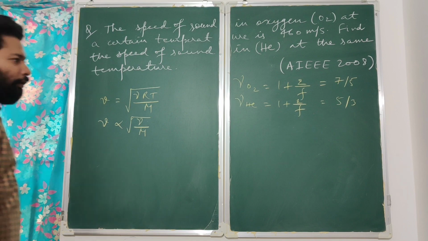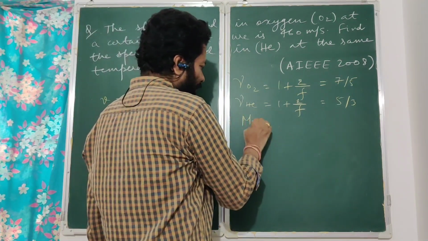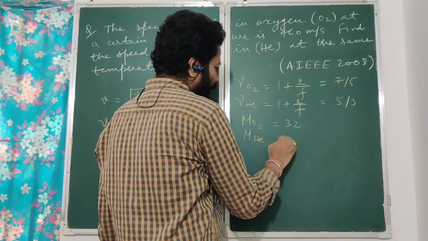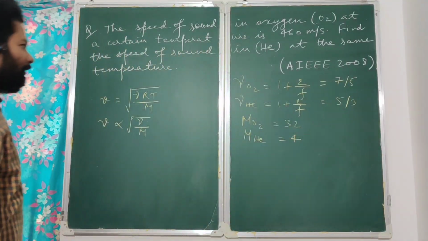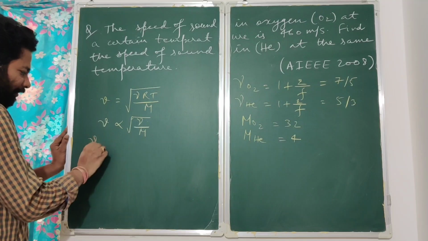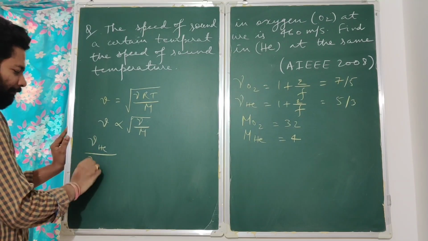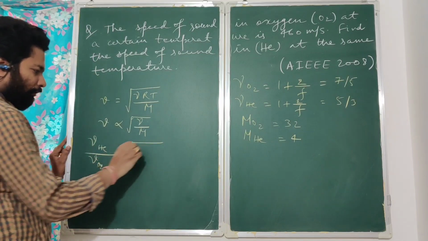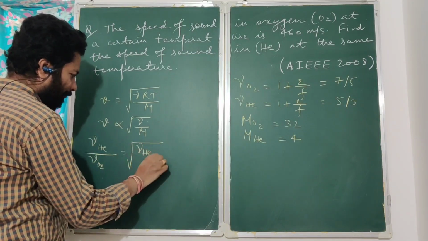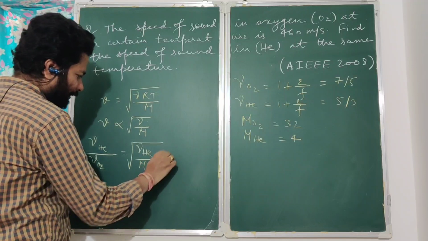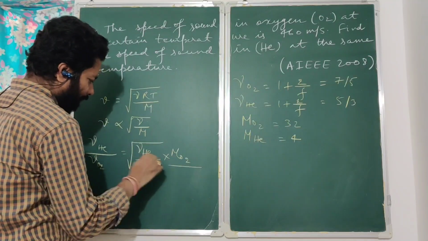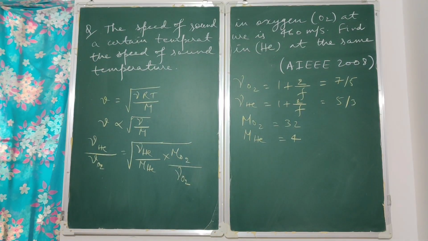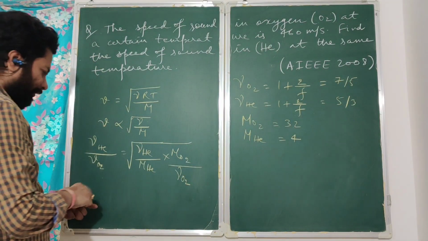Now molecular mass of oxygen is 32, helium 4. So we can write velocity of sound in helium by velocity of sound in oxygen is equal to root of gamma helium by M helium into M oxygen by gamma oxygen.